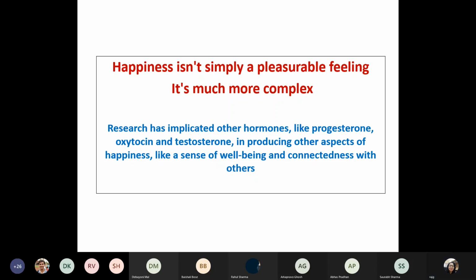Now why is that so? It's definitely a transition from childhood to adulthood, and there are a lot of changes in the social system, in the social roles that the person was playing. Earlier he was considered a child, now he's considered an adult.